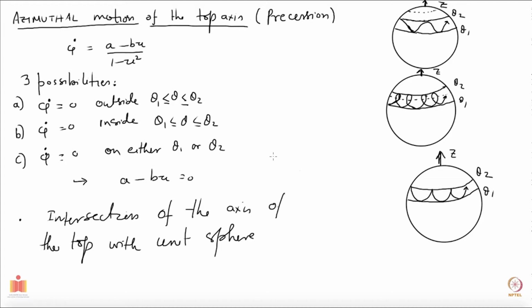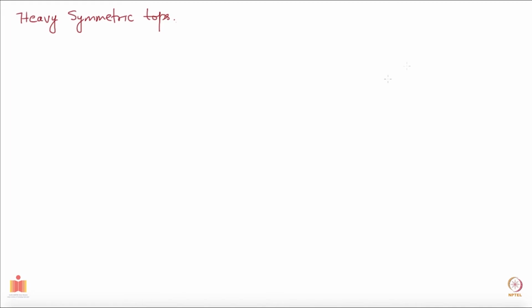If you look at the last possibility, where phi dot is 0 on theta 1 or theta 2, this is a case which happens when, let's say, you start your top in the following fashion. Let's say this is the vertical and this is the axis of the top.